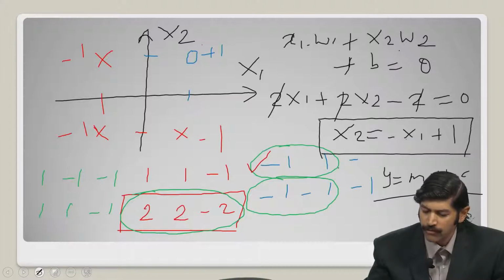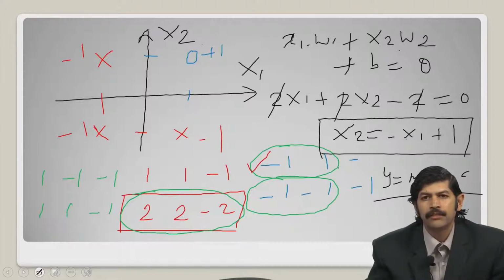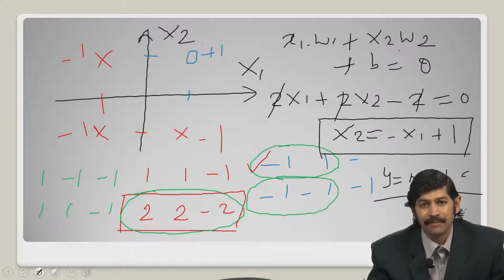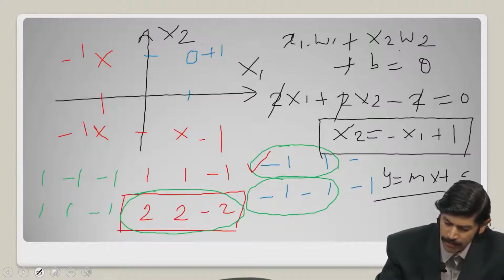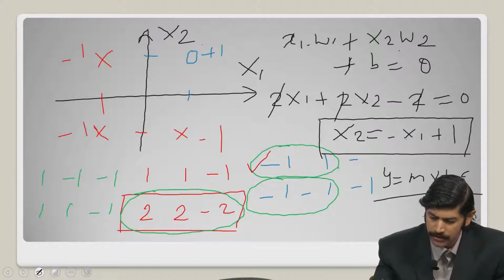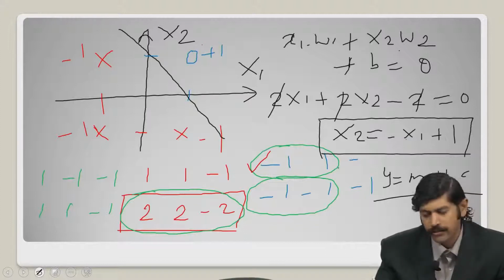So x2 is equal to minus x1 plus 1 is the equation of a line that has a y intercept of plus 1 and a slope of minus 1. Typically that line will look like this.